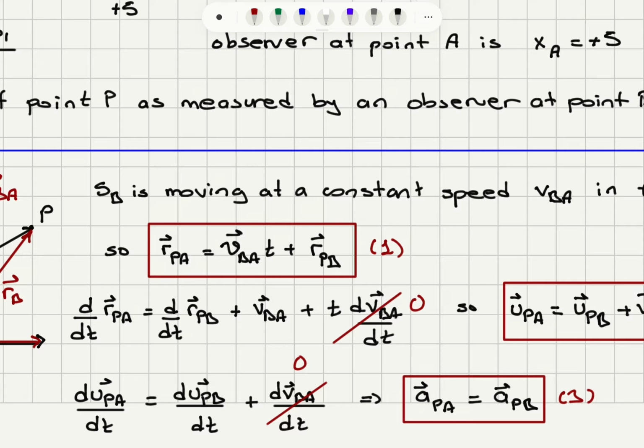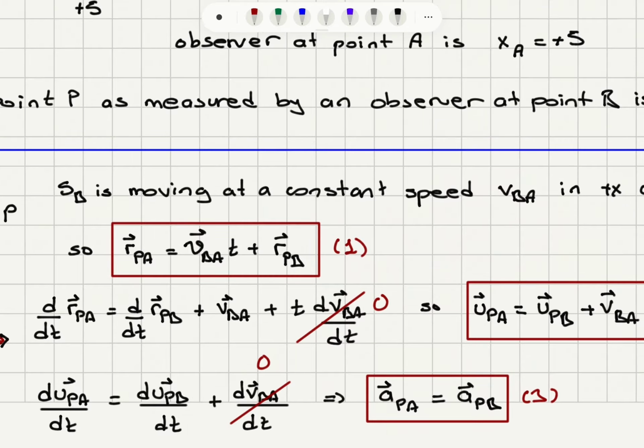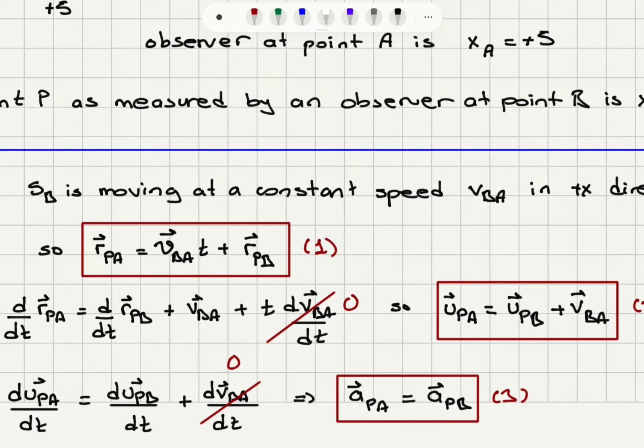So you can see I call the velocity of the particle as reported by observer A UPA. The velocity of the particle as reported by observer B is UPB plus VBA.